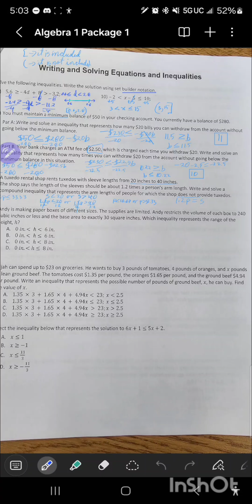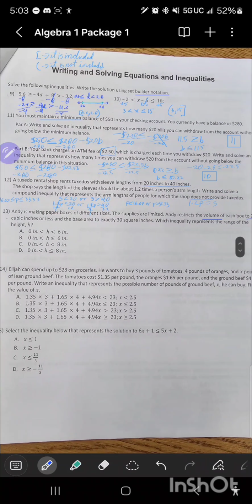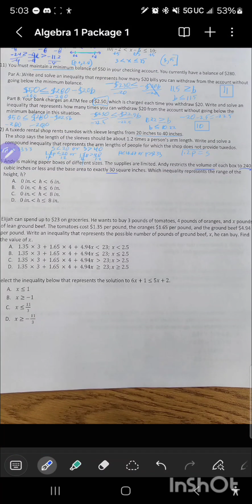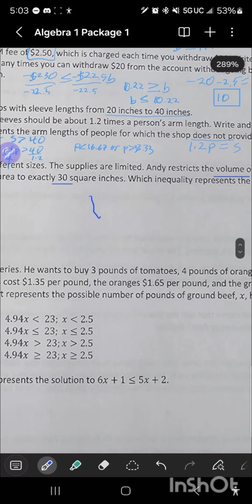So first, we see that the volume of the box is set to 240, while the area of the base is 30 square inches. Now, this is weird because algebra 1 comes before geometry, but you might know that the formula for volume is volume equals base area times height.